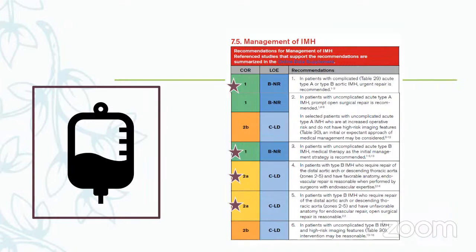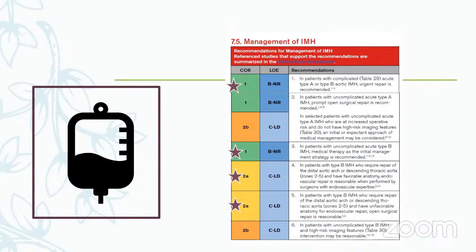In patients with acute type B intramural hematoma, medical therapy is a class 1 indication as the initial treatment strategy. And in patients with acute type B intramural hematoma who require repair of the distal aortic arch or descending thoracic aorta and have anatomy that is suitable for endovascular repair, the endovascular repair is a class 2A.